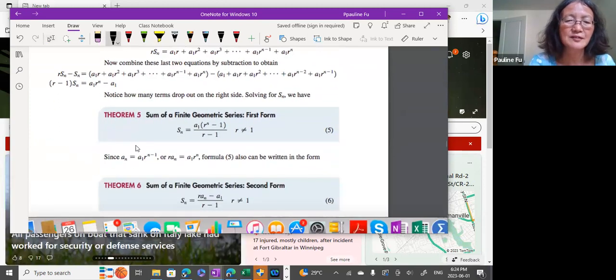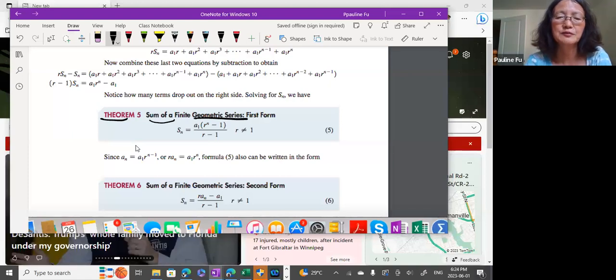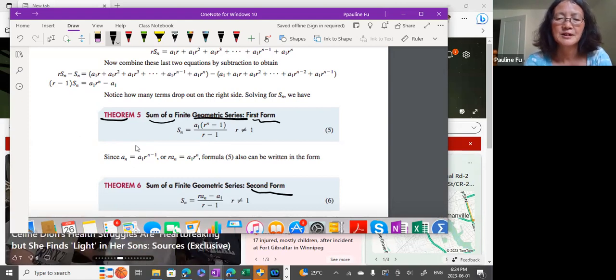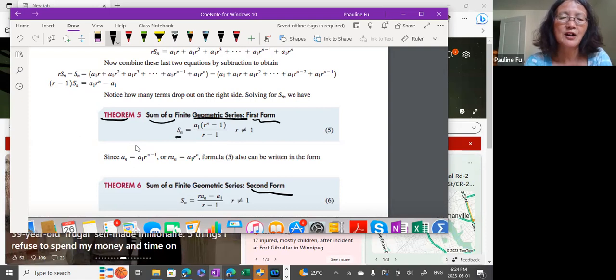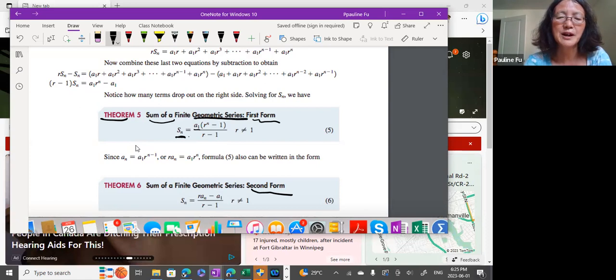This theorem 5 is about sum of geometric series. There are 2 forms, the first form and the second form. So let's look at the first form first. If you add all the n items for geometric series, it is this formula: the first item a1 times r raised to power n minus 1, over r minus 1.